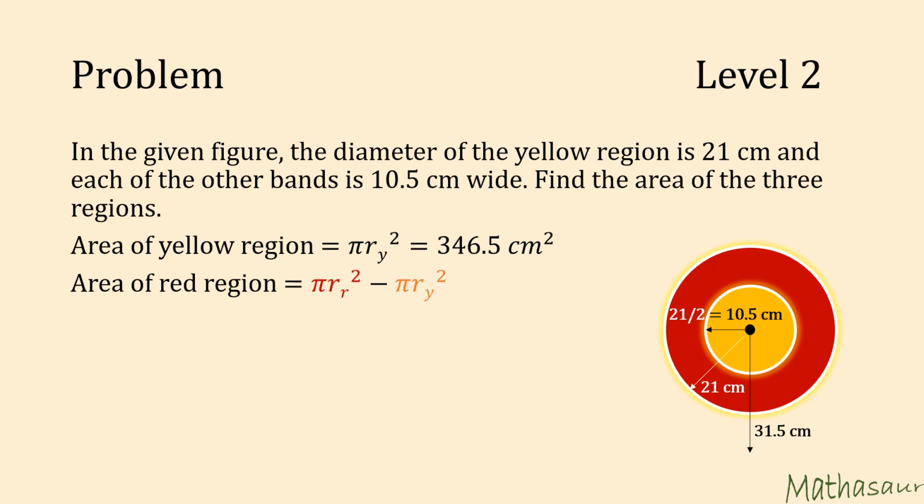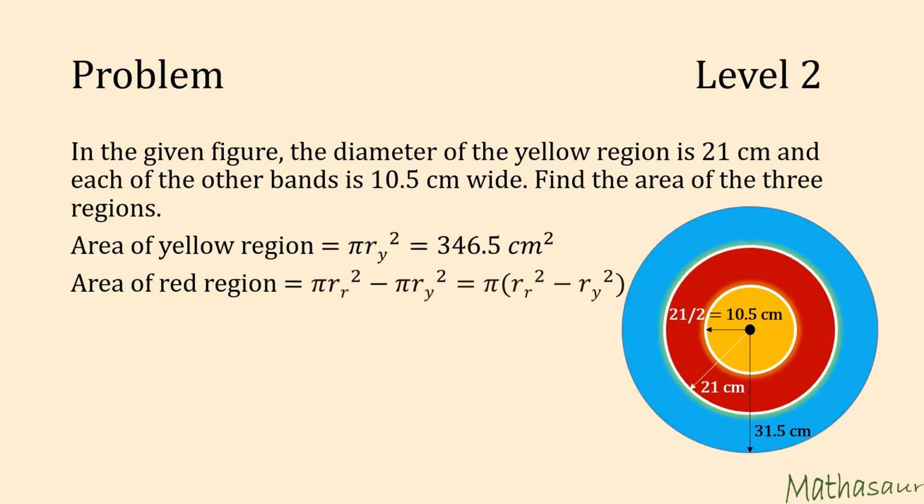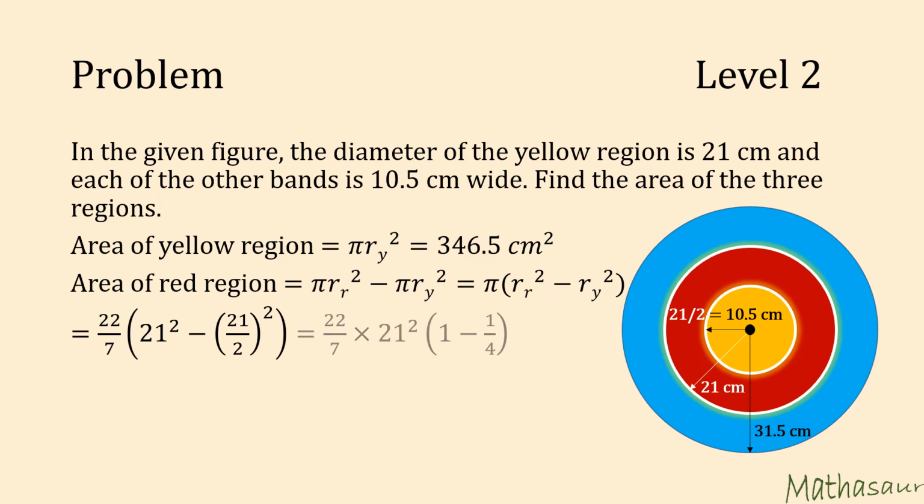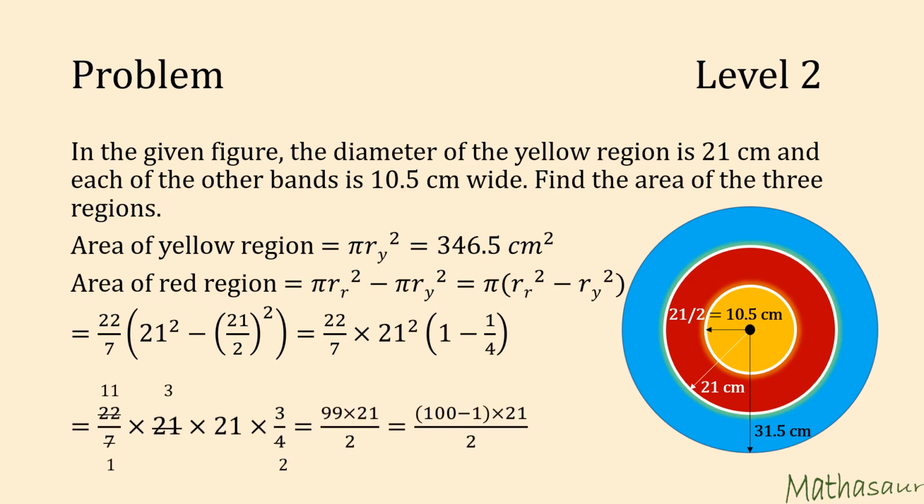So pi r square minus pi r y square. R would be 21 centimeters and Ry would be 21/2 centimeters. Substitute the values and simplify. We see that the area of red region is equal to 1039.5 centimeters square.